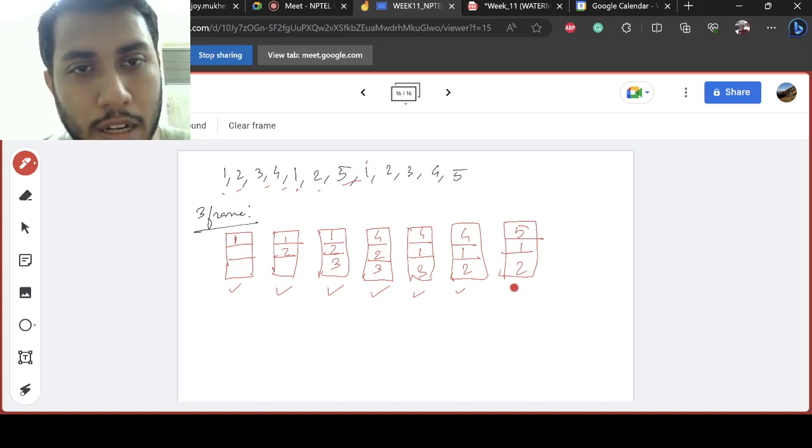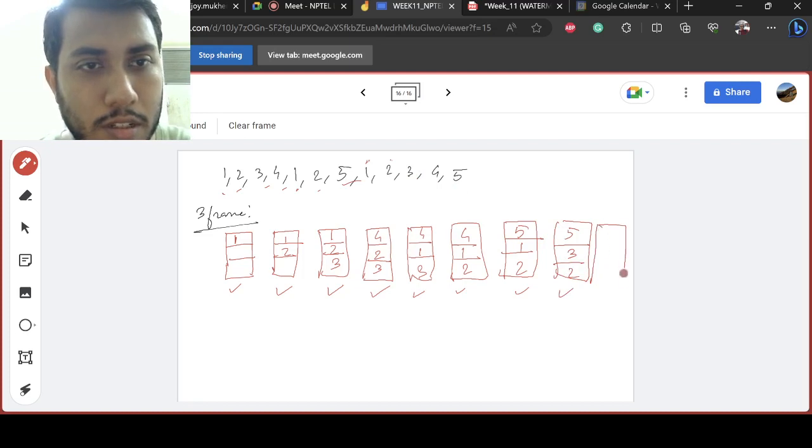Now 1 and 2, there is no issue, no page fault. Now 3 is requested. 1 will be swapped out, giving 5, 3, 2. Then 4 is requested, giving 5, 3, 4.